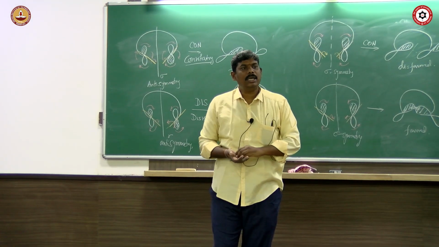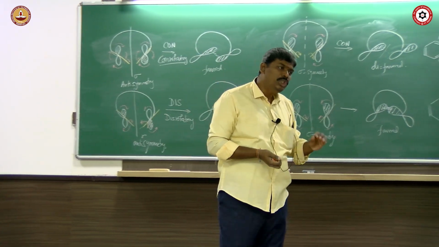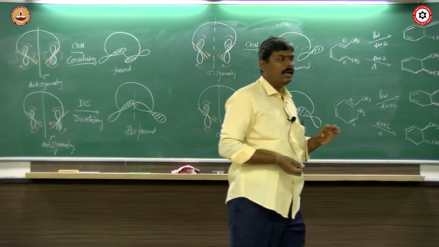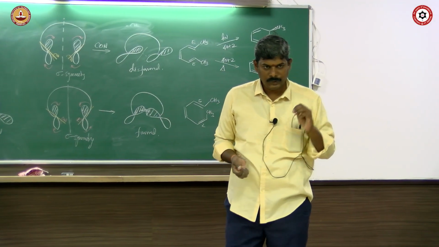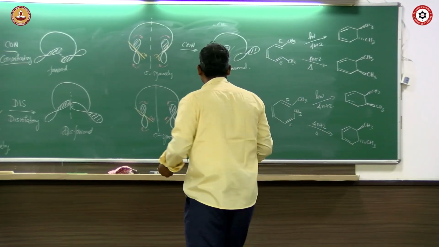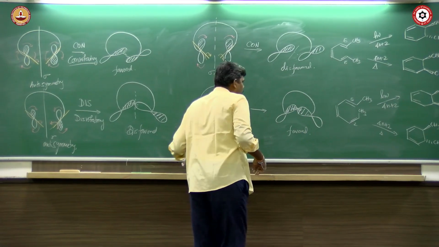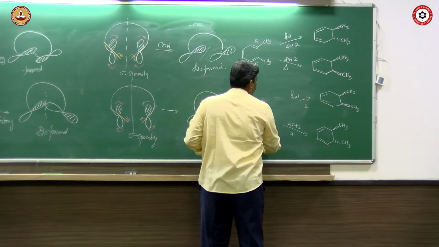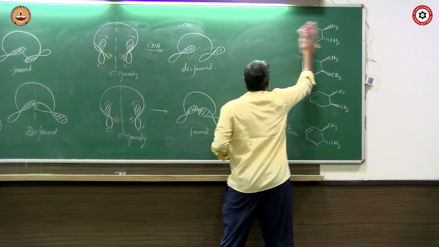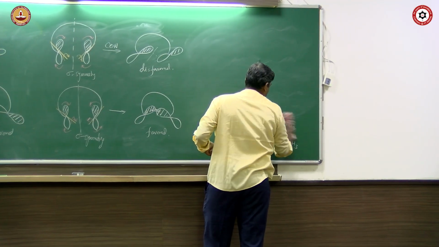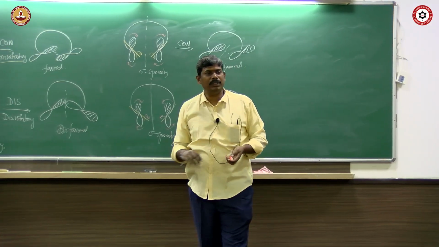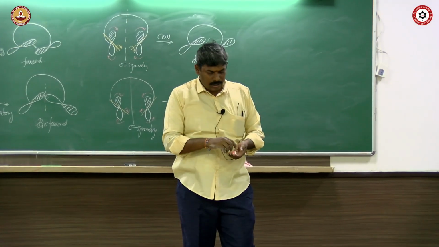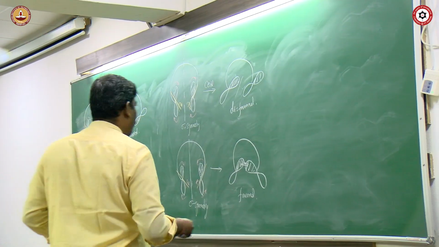Okay, so an analysis of a pericyclic reaction in general can be done in three different ways. The first one, which was developed by Professor Woodward and then Hoffmann, is called the symmetry correlation method. Have you heard of this? The symmetry correlation method, that's the first one.